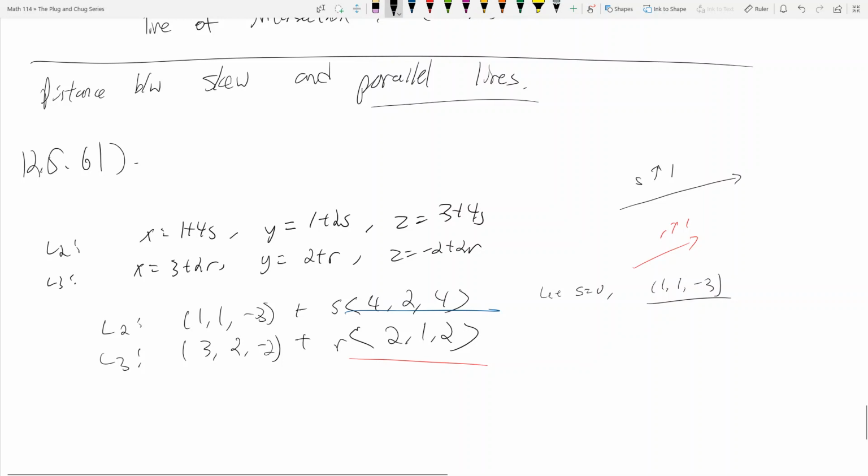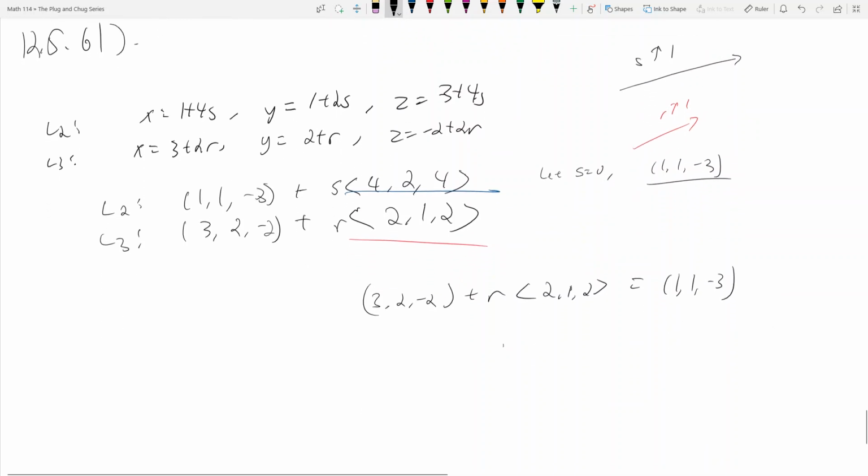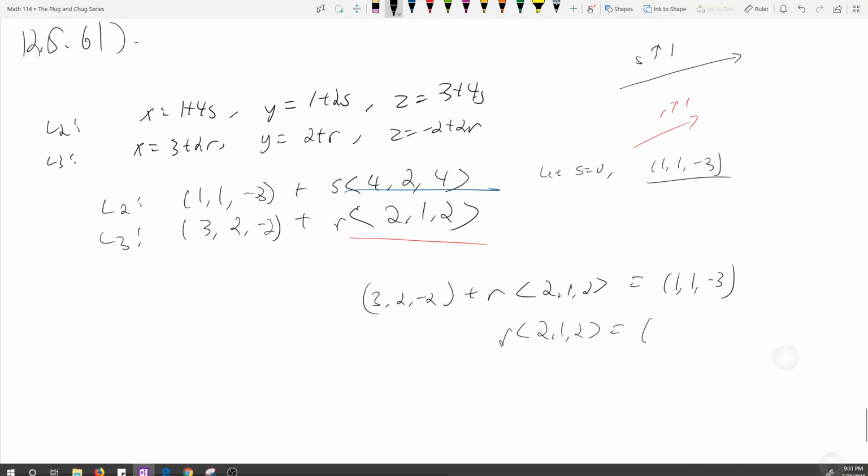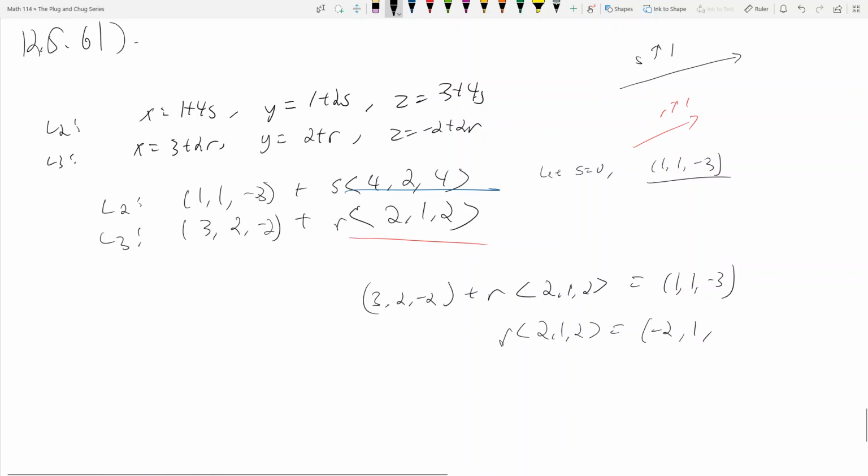Well, you set (3, 2, -2) plus r times (2, 1, 2) equal to (1, 1, -3). Then r times (2, 1, 2) equals the difference of the points, which is (-2, -1, -5), and that's not a scalar multiple of (2, 1, 2). There's no r that can make this true.